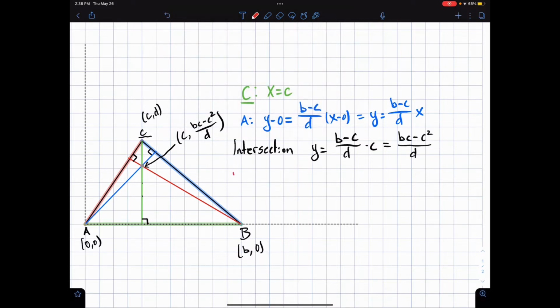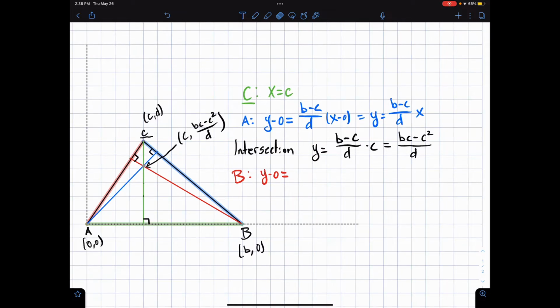So the equation for line B, we're going to write the same way as we did for line A using point slope form. So it's going to be y minus 0 equals, and then to find the slope of the line, we just take the slope of the side and write the negative reciprocal. So the slope of this side AC is d minus 0 over c minus 0, so d over c.